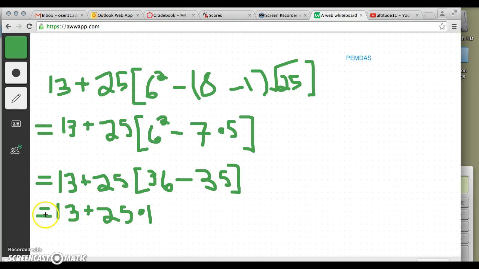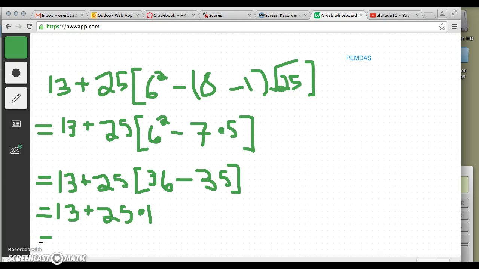So in the end here, guys, we have 13 plus 25 times 1. Multiplication comes before addition, but 25 times 1, remember anything times 1 is just itself. So really we just have 25 here.